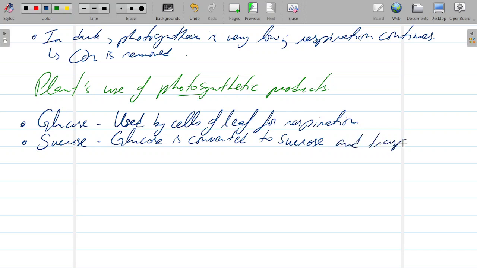It is converted into sucrose and transported via the phloem vessels to the rest of the plant.